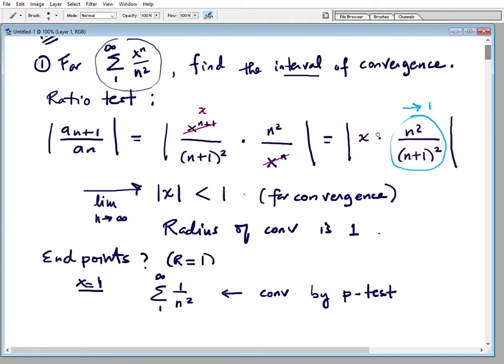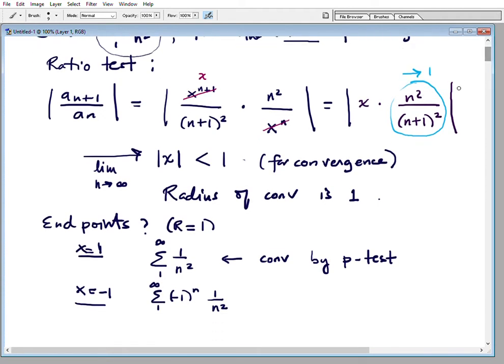And we have something similar when x equals minus 1, though a little bit different. We have the sum from 1 to infinity of (-1)^n times 1 over n^2. And we can easily show that this converges as well, just by the fact that it converges in absolute value.